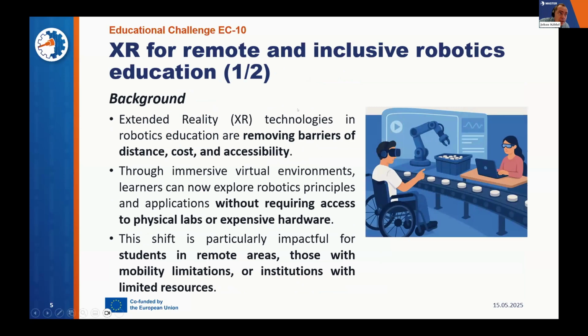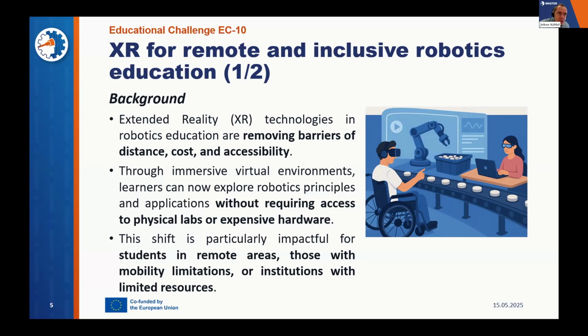Next topic, XR for remote and inclusive robotics education. So here the new concept we want to explore is that it's remote and it's inclusive. How have these things come together? The idea is that there should not be barriers for learning about robotics, and XR allows for those barriers to fade.